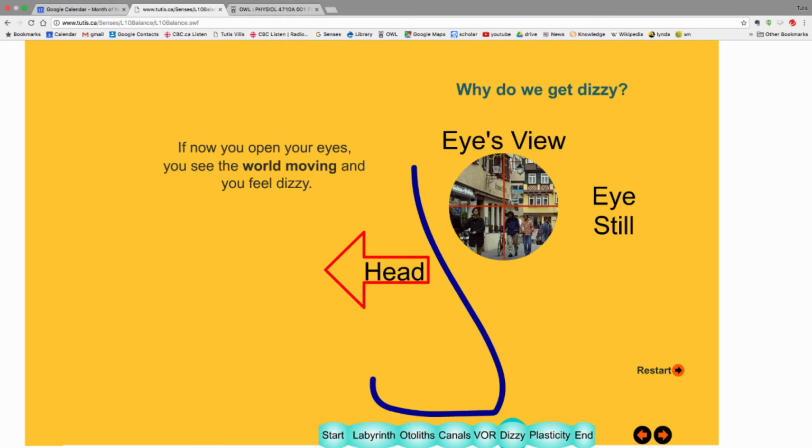You sometimes feel that when you're standing in the subway and the train beside you starts to move, and you feel that you're moving. Or if you're sitting in a car behind another car or a big truck, and it starts moving, you feel like your car is moving backwards.